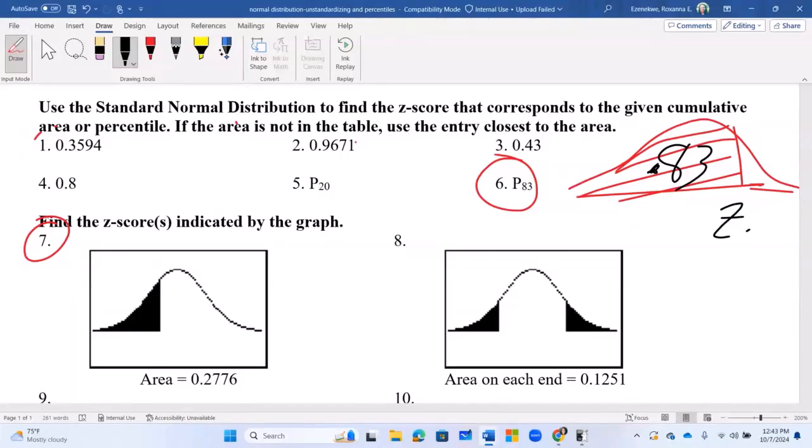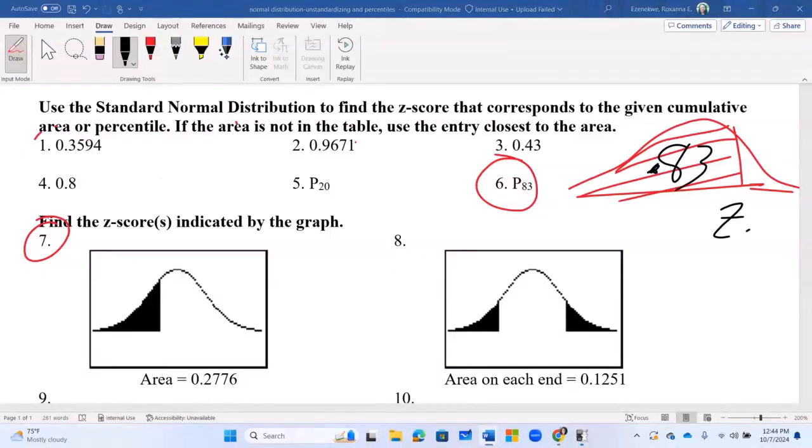Remember that the mean divides the area under the normal curve into 2. Therefore, because 0.83 is greater than 0.5, the z-score will be positive. I need to know the sign of the z-score before I start.